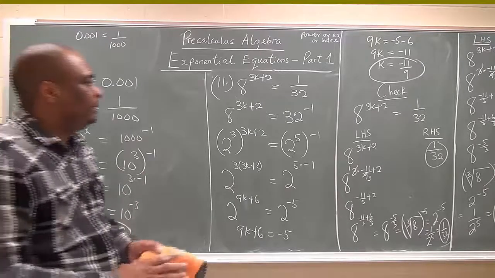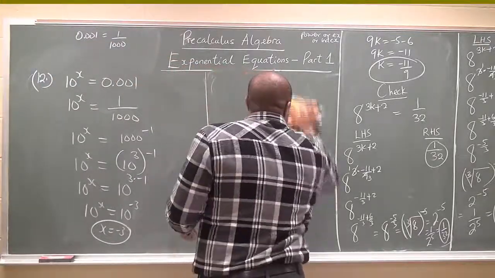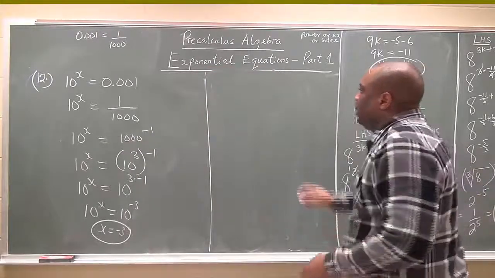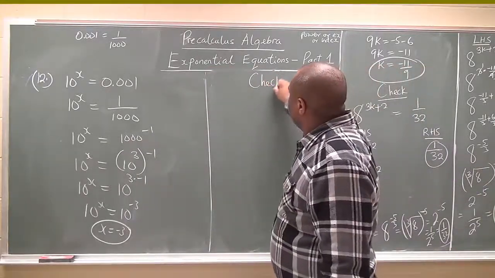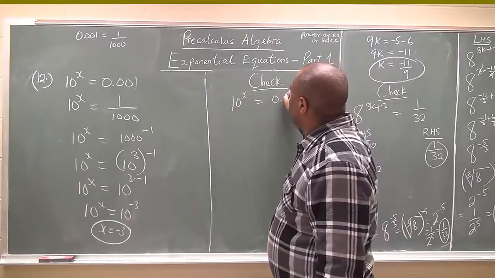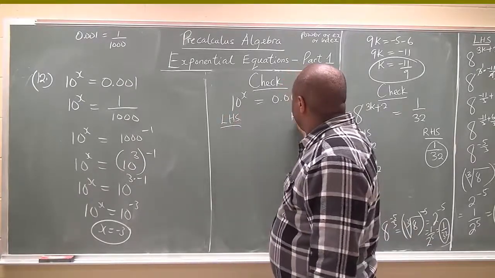Right? Then you do what? You check your work. Okay, check. We write the main problem. 10 exponent x is 0.001. Our left-hand side, our right-hand side.